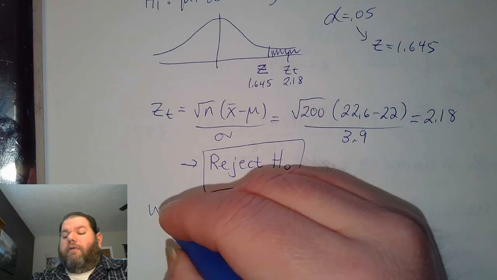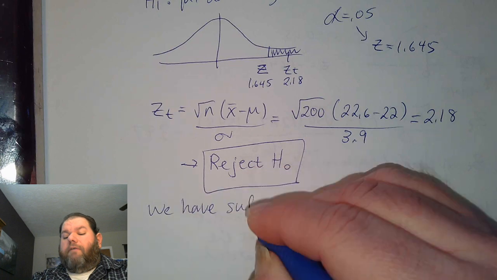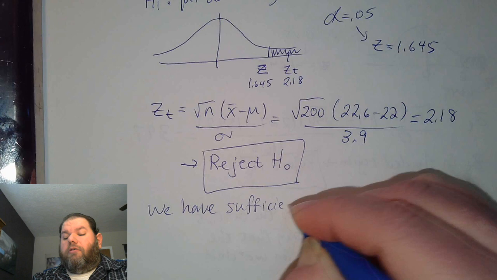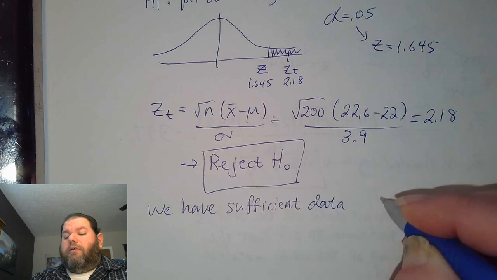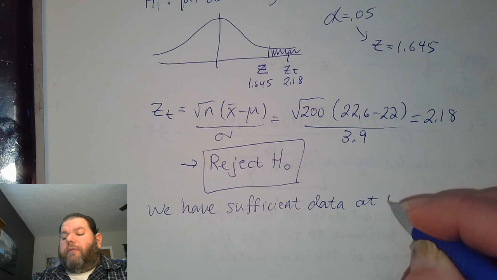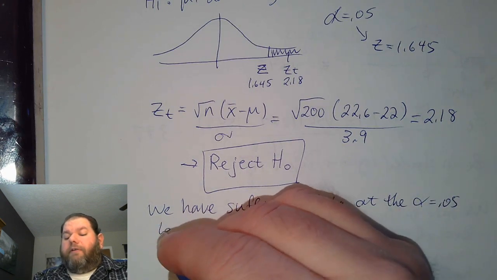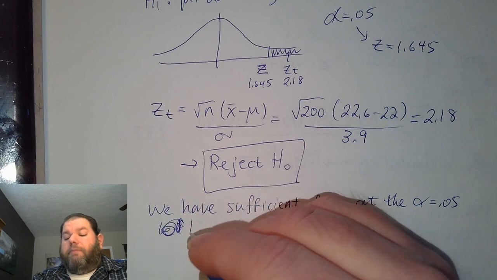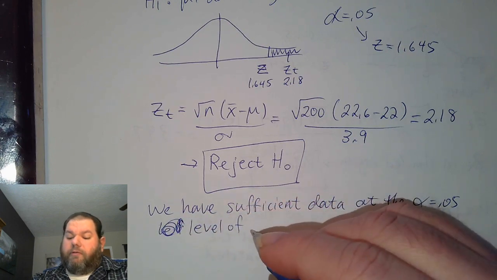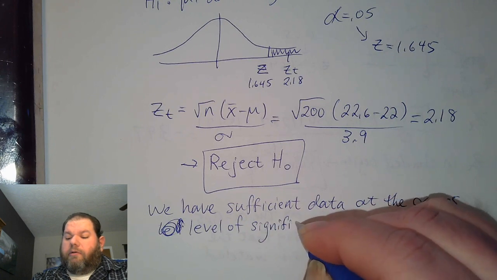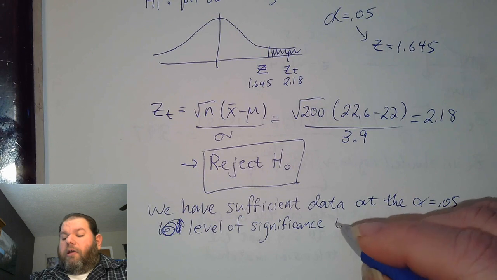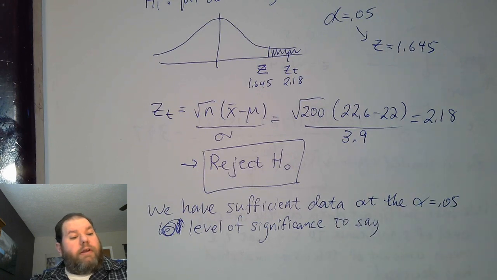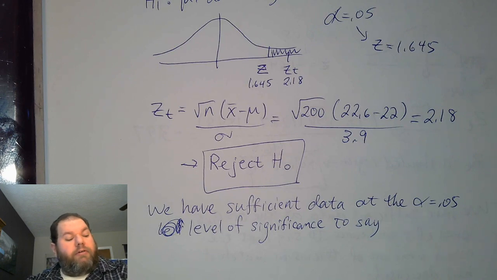So we have sufficient evidence, or sufficient data, at the alpha equals 0.05 level of significance to say that students that, or we can say the mean ACT score has increased when students complete the recommended courses.